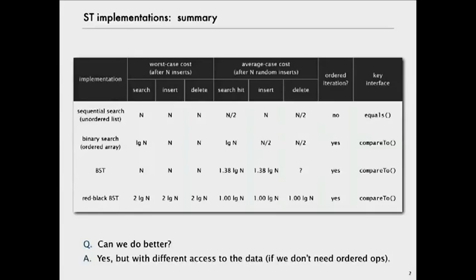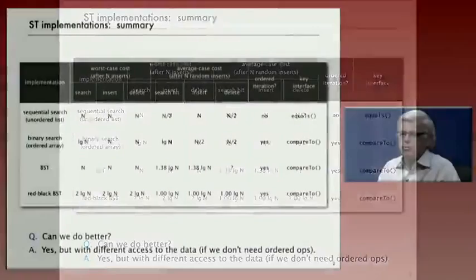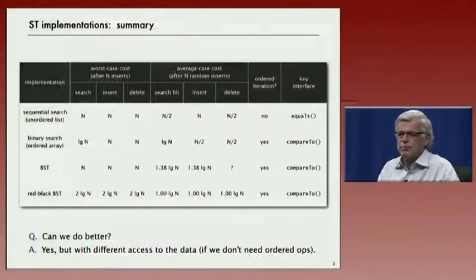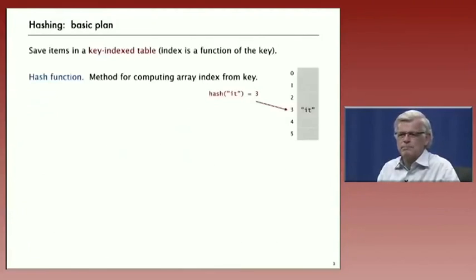And the answer is that actually we can, but it's a different way of accessing the data, and also doesn't support ordered operations. But there's plenty of applications where the extra speed for search and insert that we can get this way is worthwhile. The basic plan is to really try to reduce the problem to being like an array.